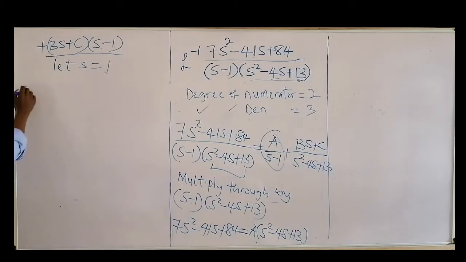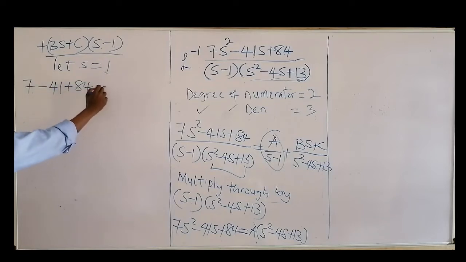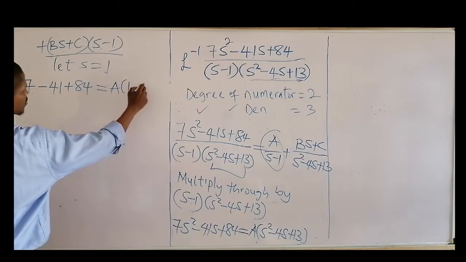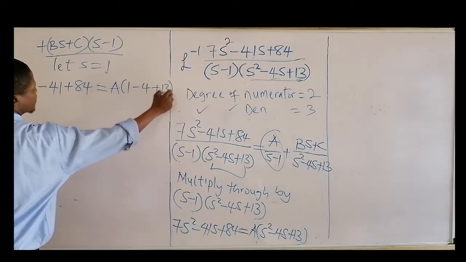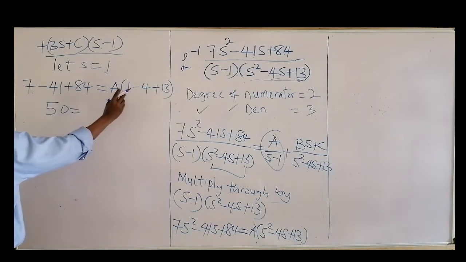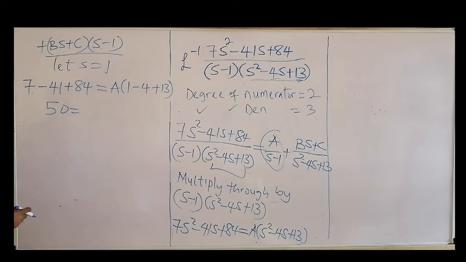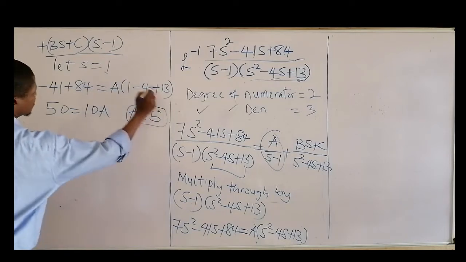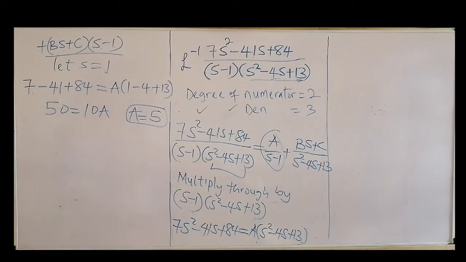So substitute: 7 minus 41 plus 84 equal to a into bracket 1 minus 4 plus 13. That will be 50 equal to 10a. So a is 5. We've gotten a now.